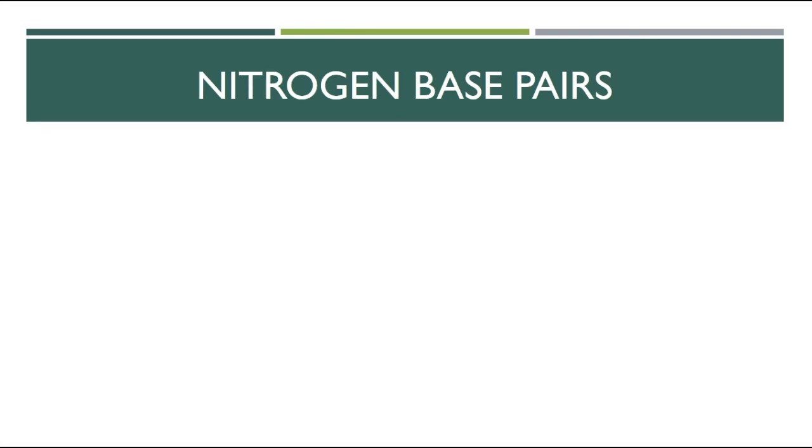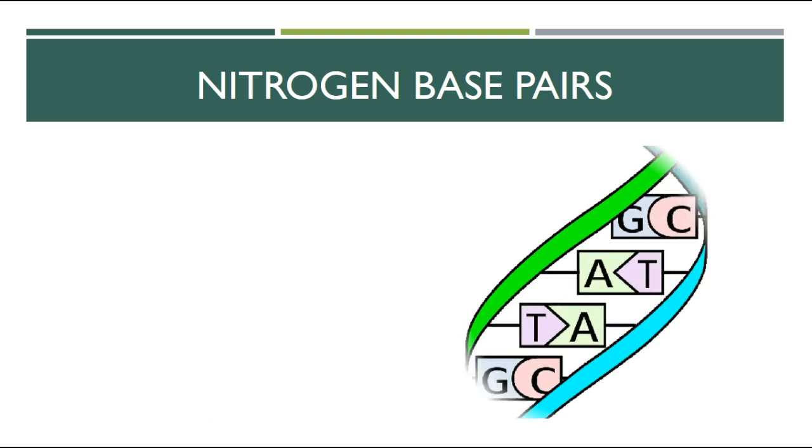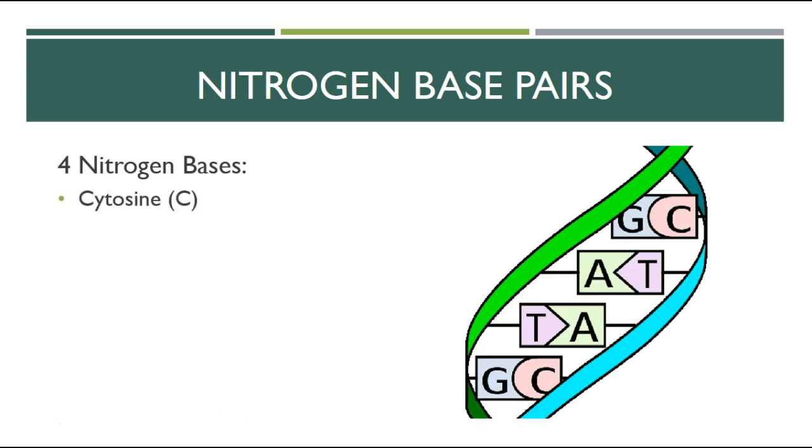Okay, so now let's talk about nitrogen base pairs. There are 4 nitrogen bases in the DNA molecule, and they are cytosine, we'll represent that with a C, guanine, which is represented with a G, thymine, represented with a T, and adenine, represented with an A. And the reason that we call them nitrogen base pairs is because if you look in this picture, you're looking at a DNA molecule and the letters are making up the rungs.